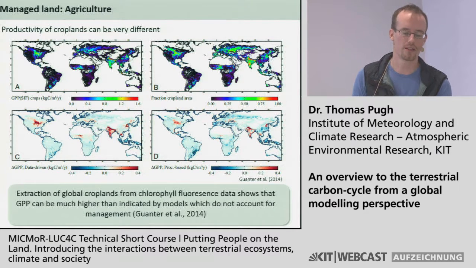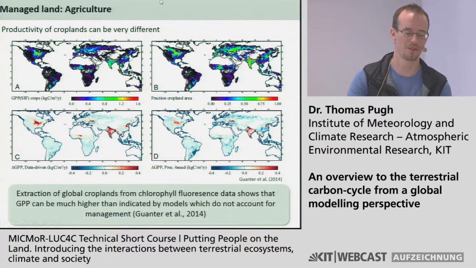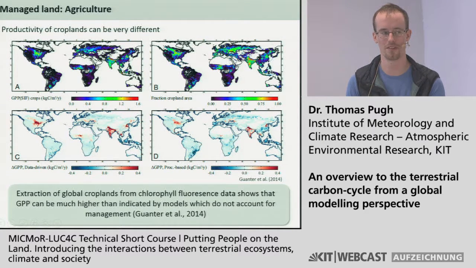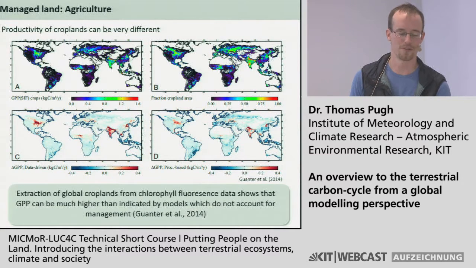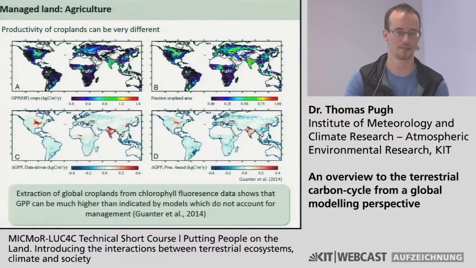And of course, that's what we see. So this plot here is once again these chlorophyll measurements of GPP. And you saw earlier this large increase, or this high amount of GPP in the northeastern USA, which the LPJ-GUESS didn't capture in its potential natural vegetation. And the reason is that this particular bit of land is dominated by cropland.